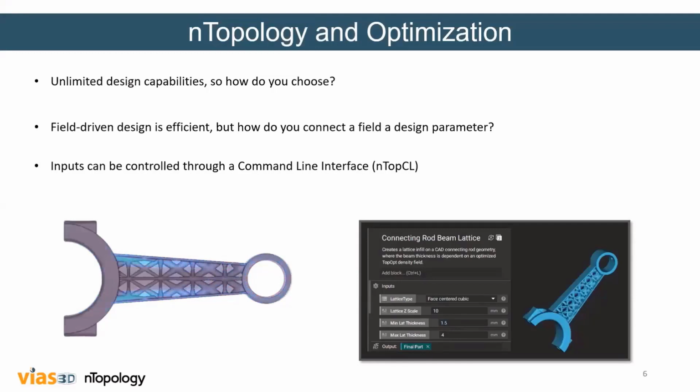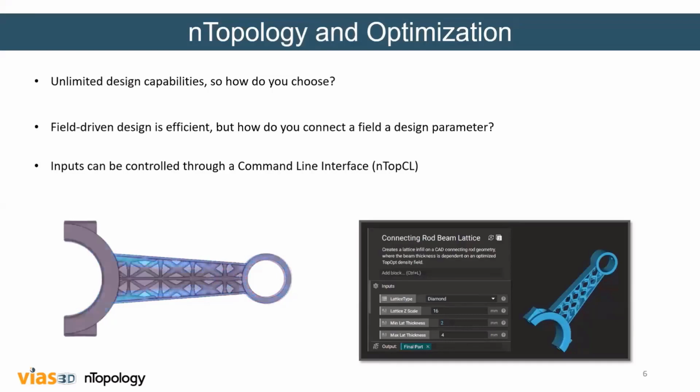Another key thing about nTopology and optimization is that we can set up a few inputs that are key to the design, like in this case, the lattice type, the scale, and the thicknesses, and control those externally. So we have some inputs and produce an output, and that output can be anything from just a geometry, like a mesh, to an entire finite element analysis result, or a finite element analysis that can get sent to another piece of software.